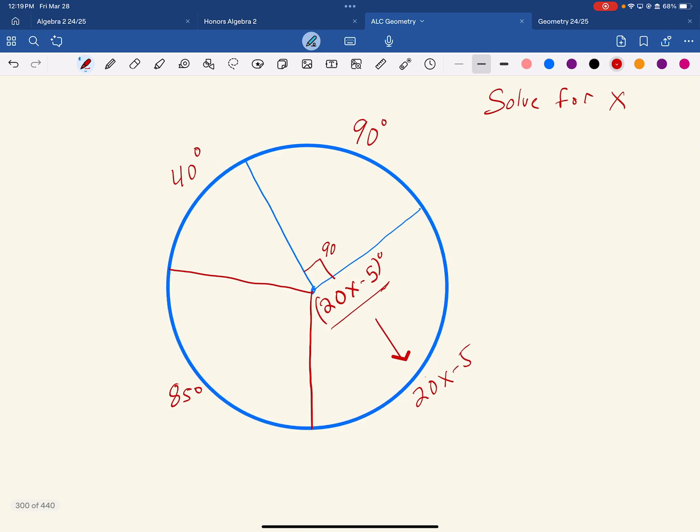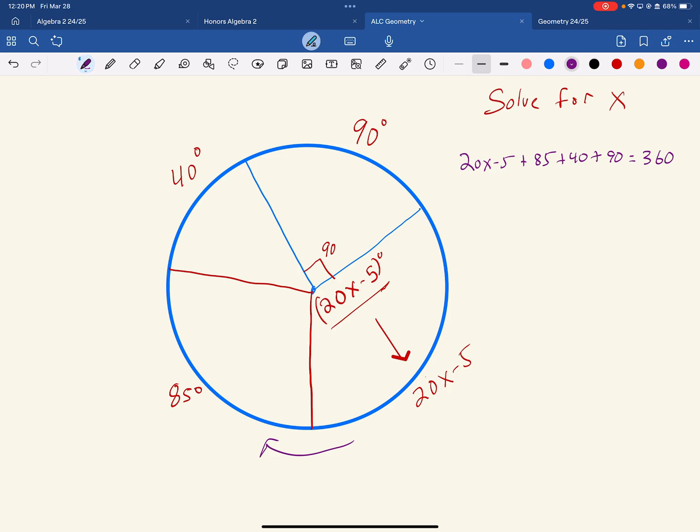So I can just pick any spot I want to. I have a tendency to pick my variable one first. So 20x minus 5. Now I'm just going to go clockwise around it. Plus 85 plus 40 plus 90. I've got myself all the way around now. That has to equal 360.